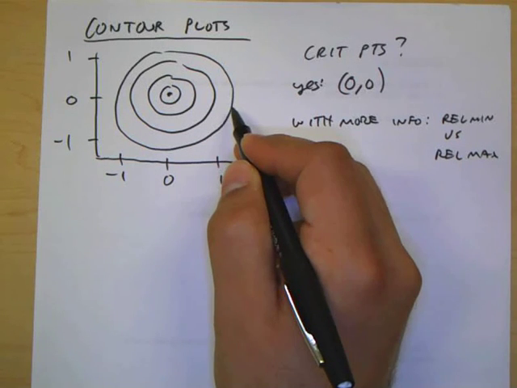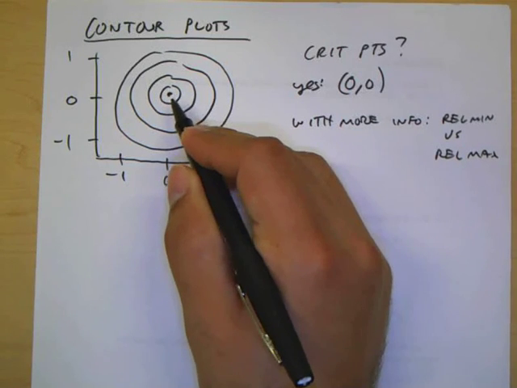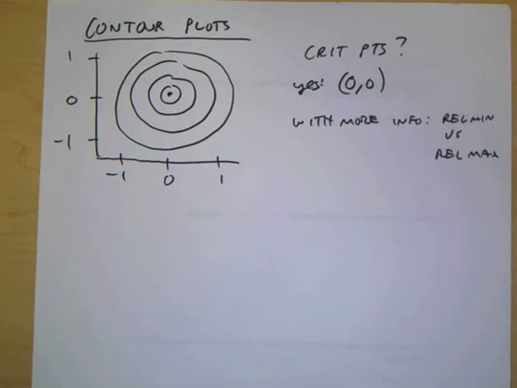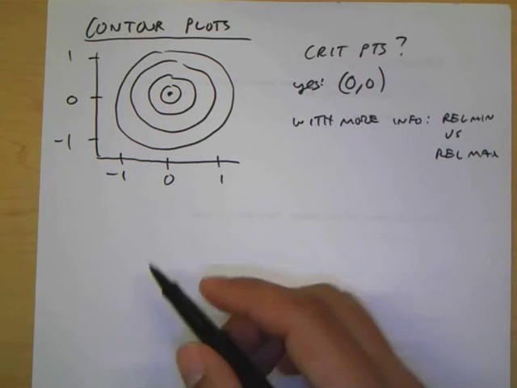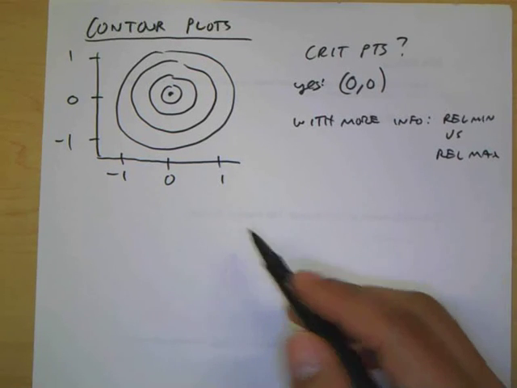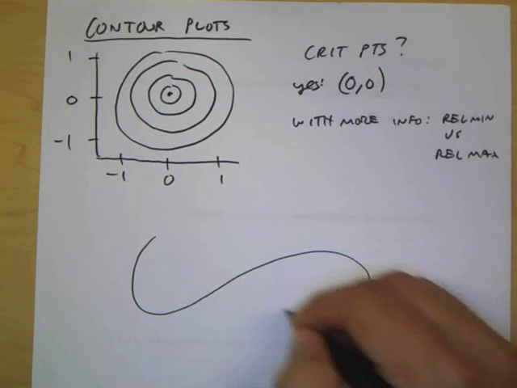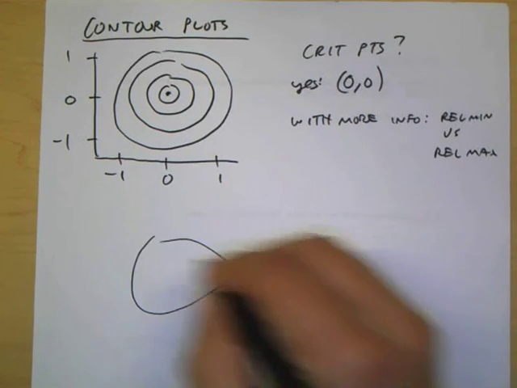Outside is higher, and then we start getting lower, so this would be a minimum. So if you have enough information, then you can be more specific. Let's do another one. Is this the last one? Yep.